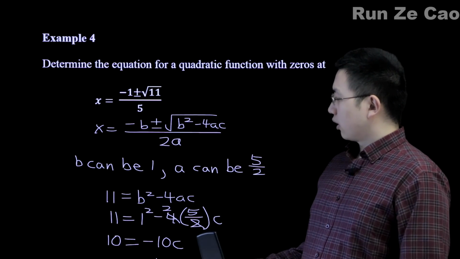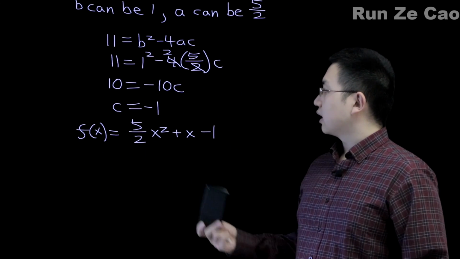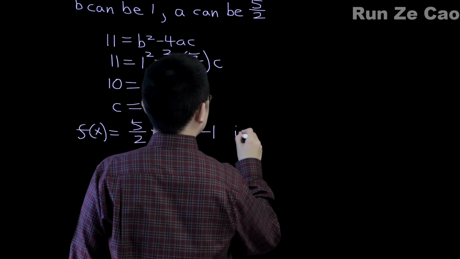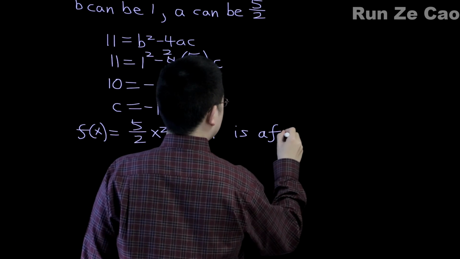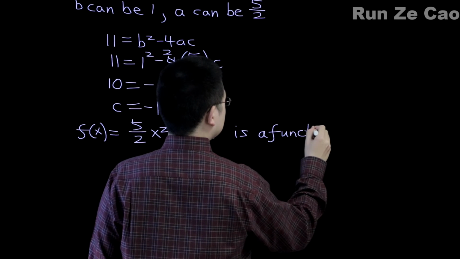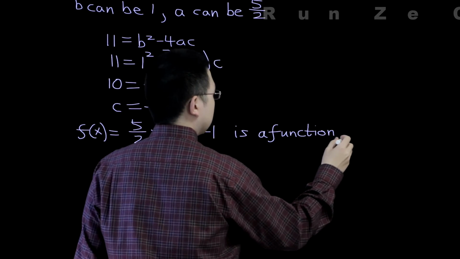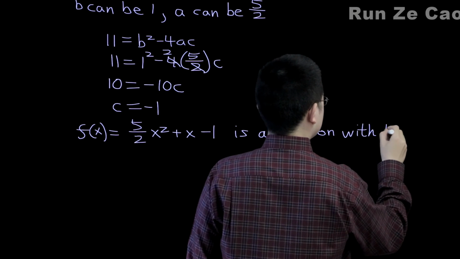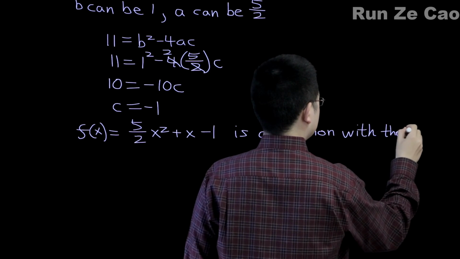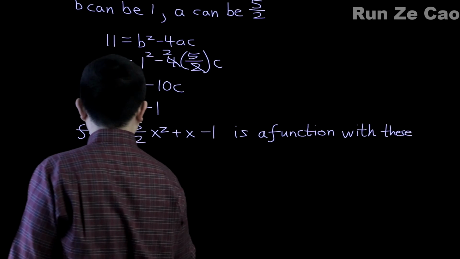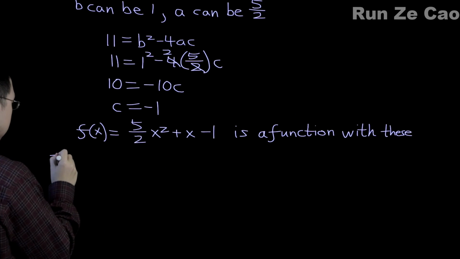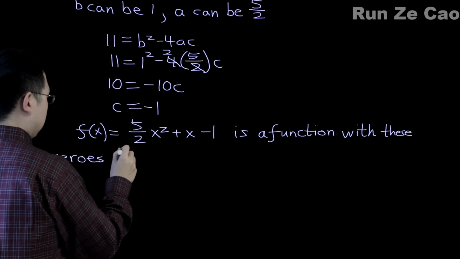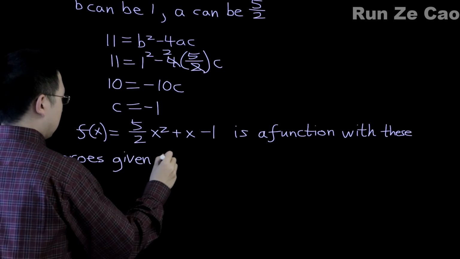That would make it a little bit more complex, but for now we leave it at this. Is a function with these zeros given above.